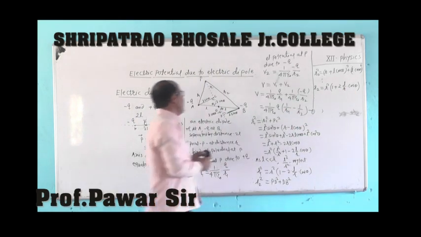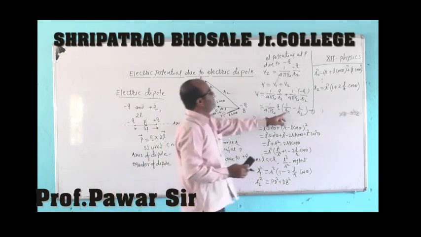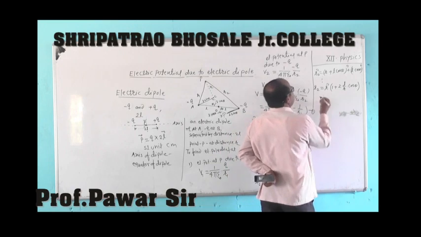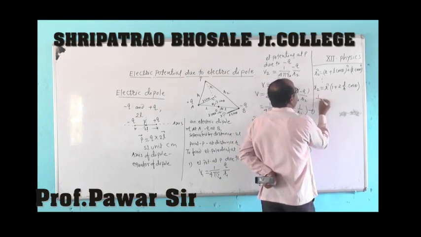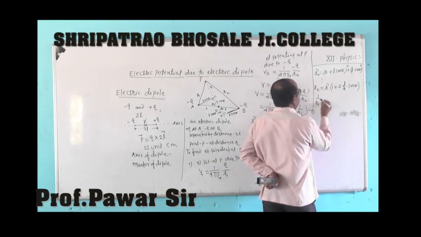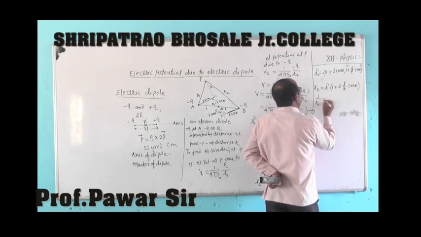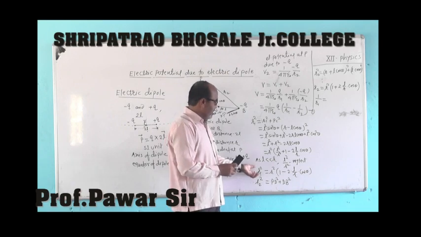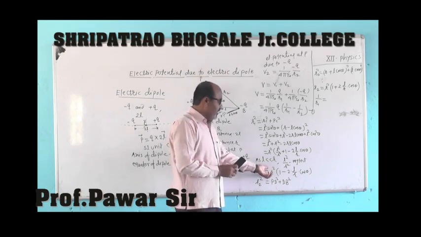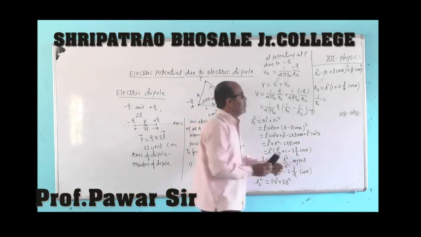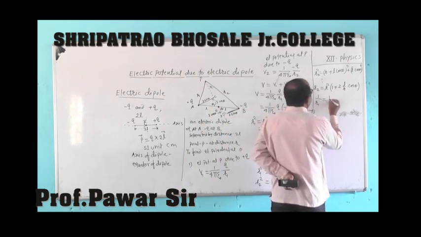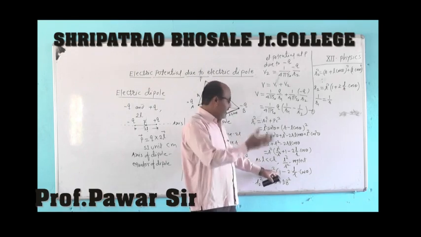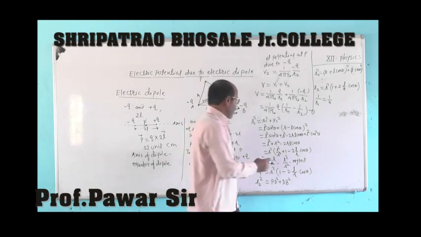We have to find 1 divided by R1 minus 1 divided by R2. So we can write 1 divided by R1 directly. We take the square root of this, and we get R1 equal to R into square root of this bracket. So it will be 1 divided by R into 1 divided by this bracket.